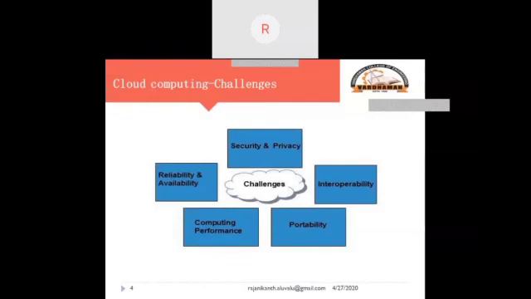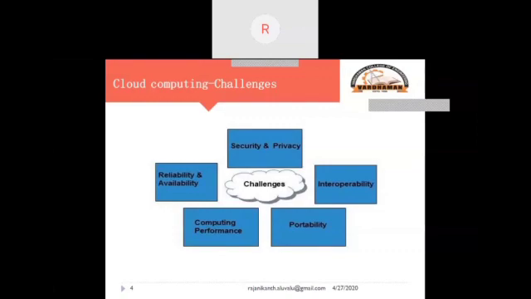Moving on to the third one, which speaks about portability. Say now we migrated our processes and data and applications onto the cloud, and later we want to move back to our own IT infra, or we want to move our own IT infra onto the cloud.